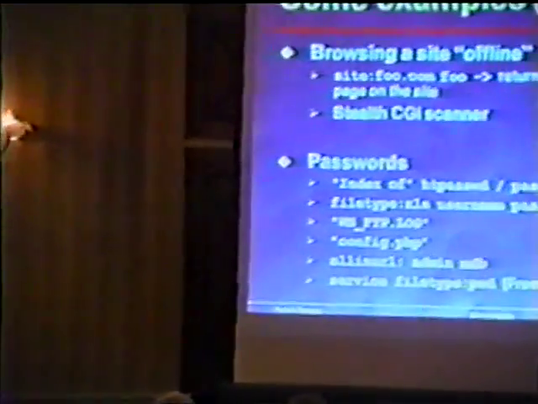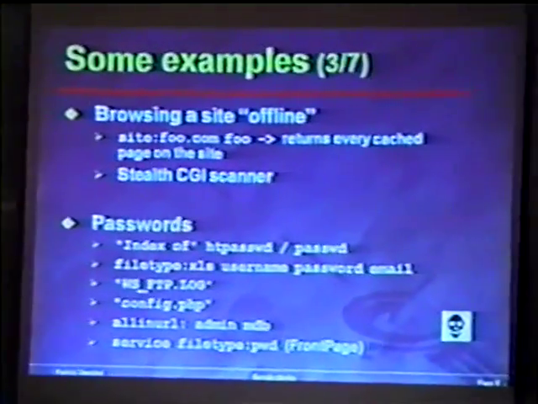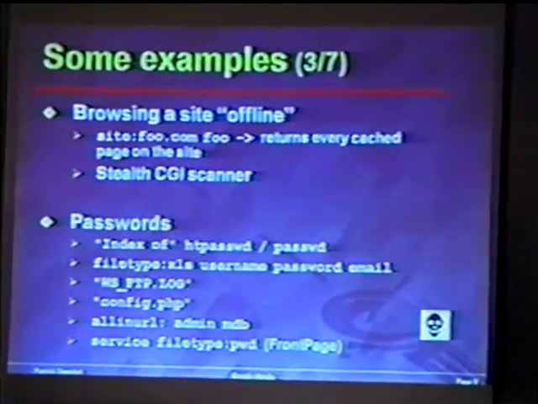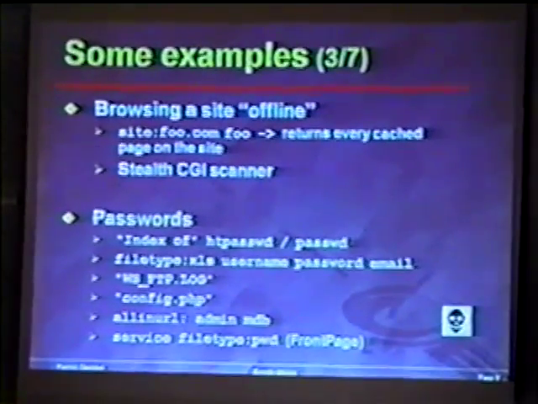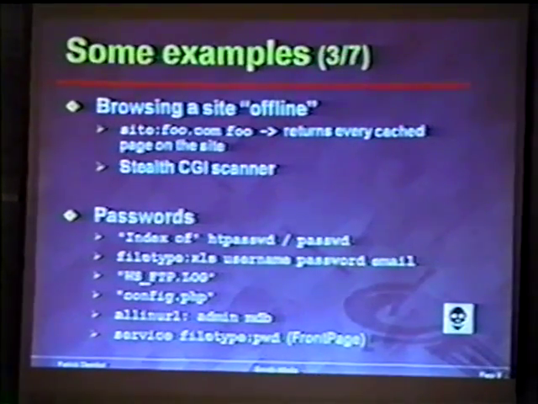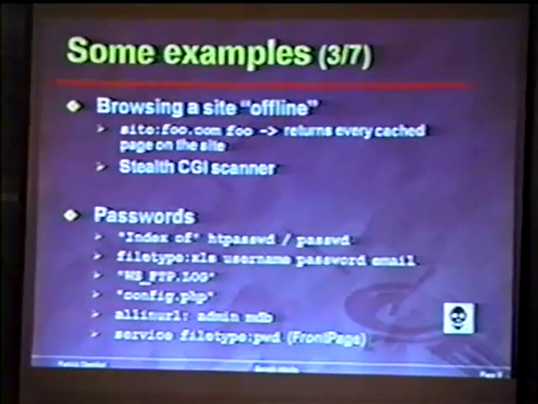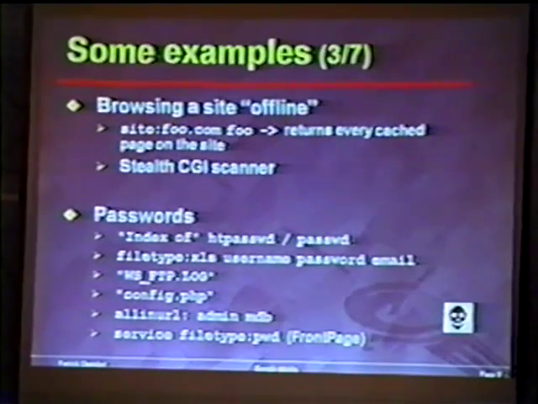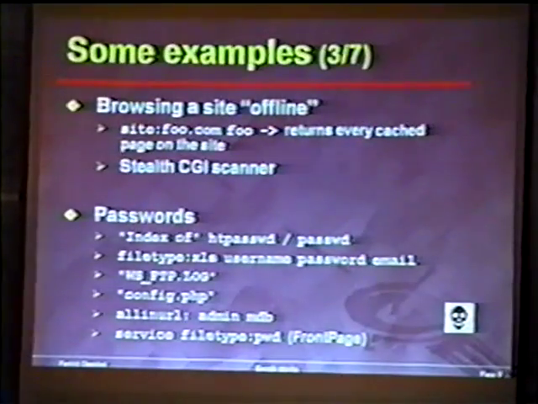It returns every cached page on the site, potentially all the pages that are present on your target website. So you have the number of pages of the website, you have the content of the pages, and you can find some useful information at this stage without sending packets to your target. It's like a stealth CGI scanner, in fact.